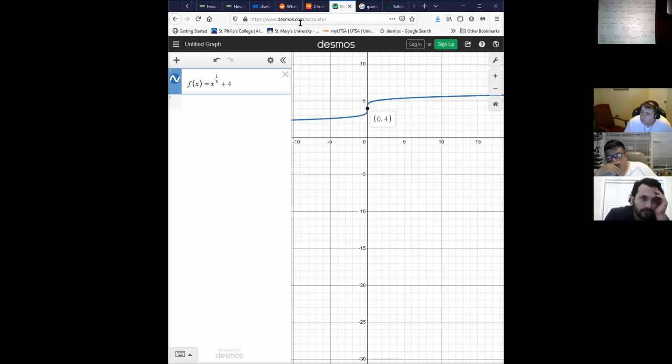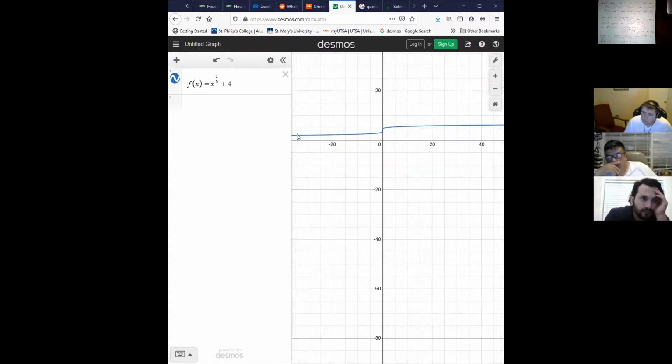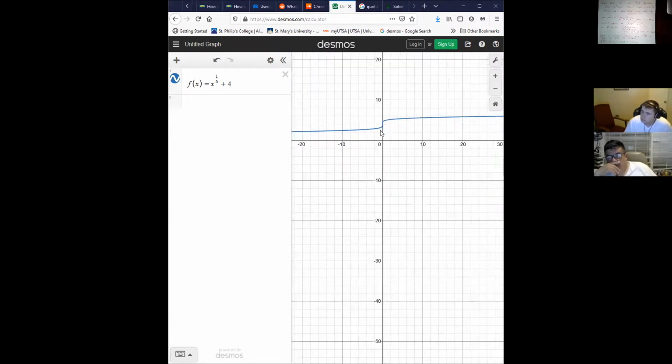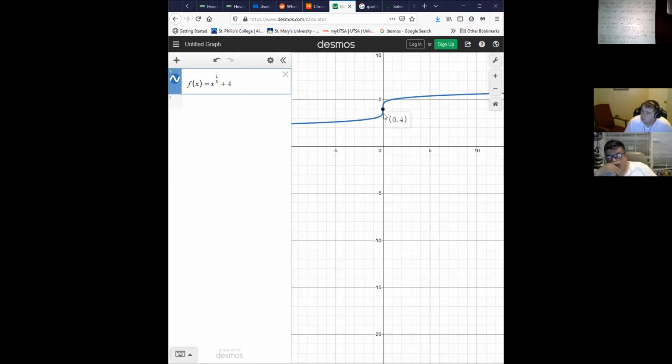So they're asking for increasing and decreasing, right? Yeah. Let's see here. So from here to here, we're increasing. And then after that point, we're still increasing. Right? Yeah. It looks like we're increasing everywhere except that point here.